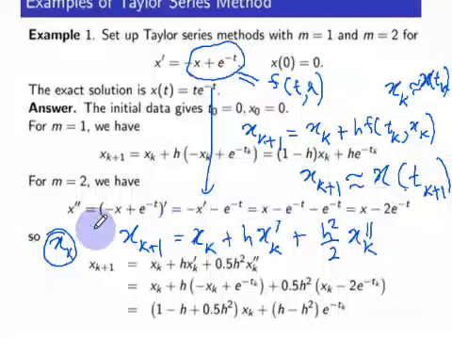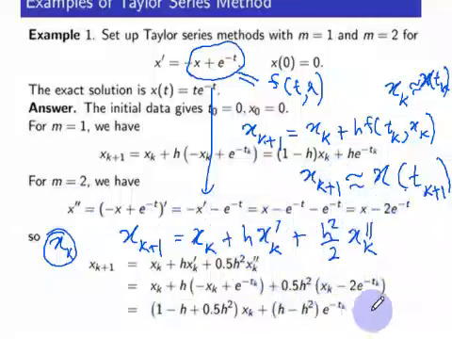Then this is your x double prime: x k double prime is x k minus 2 times e to the minus t k. Substitute that as well and simplify.